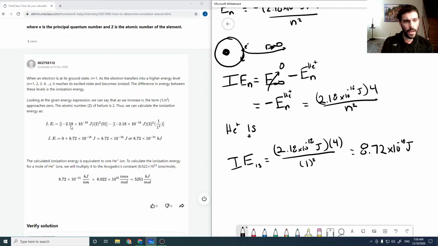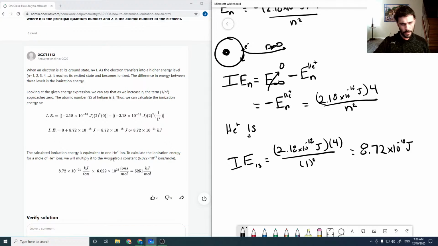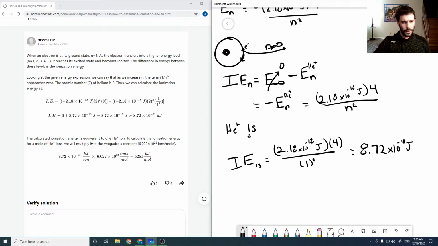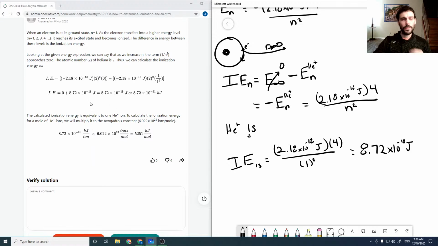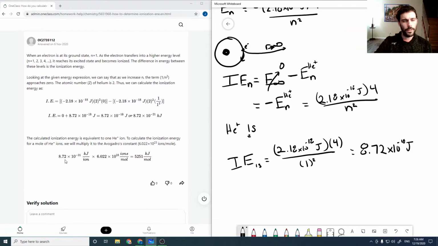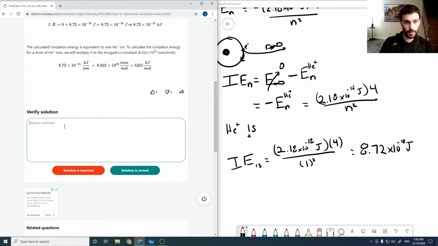So as n goes to infinity, basically this goes to 0. And so the first term goes to 0, and so we just get this. Okay, that's good. And they add some stuff. So just the first bit is not quite correct, but they did it properly.